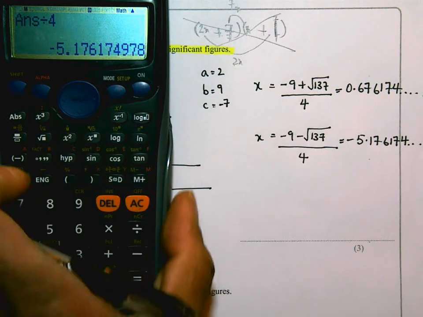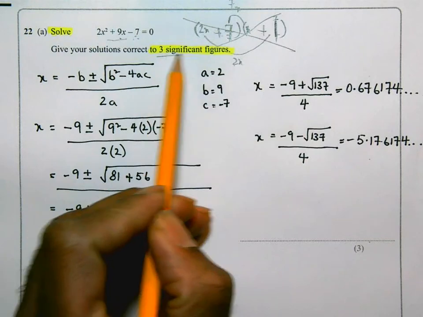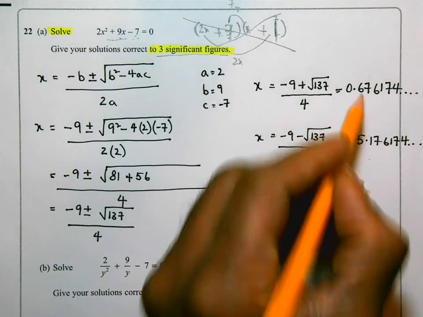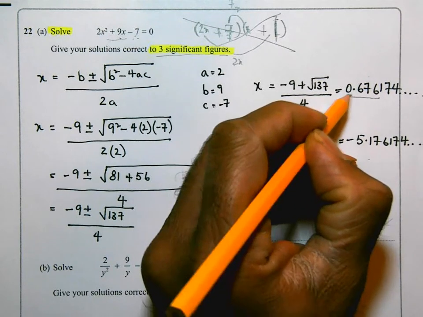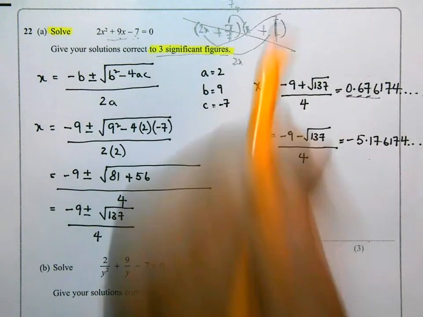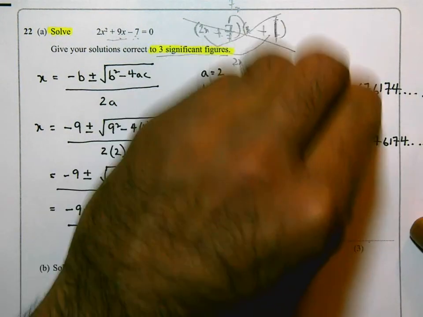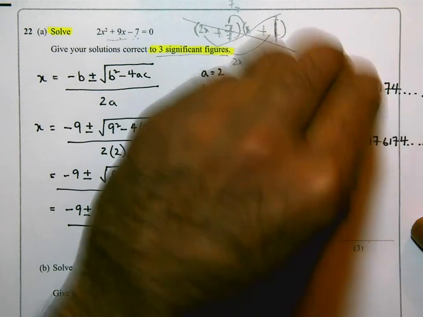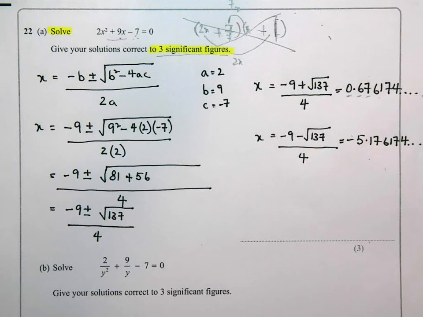One of the things that the question said to do was to give the answers to 3 significant figures. So if I look at this one here, 3 significant figures: 1, 2, 3. One of the things that you don't do is count the zeros at the front. Start counting from the first number.